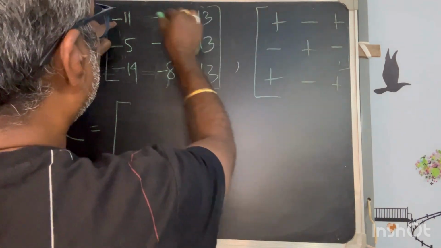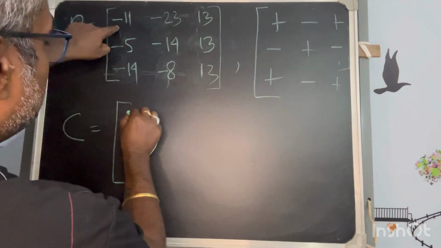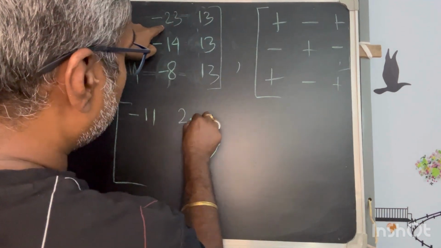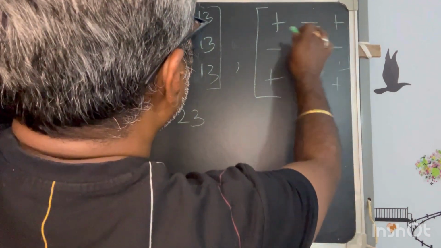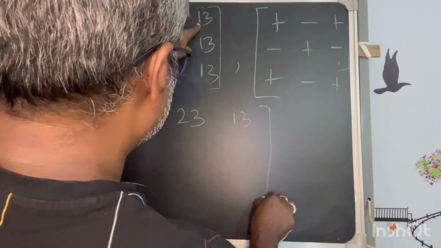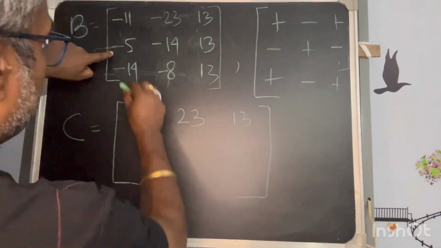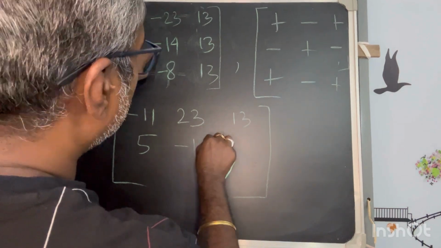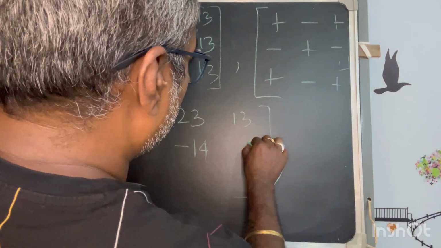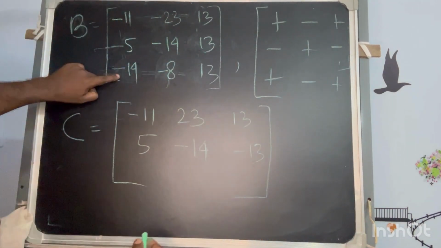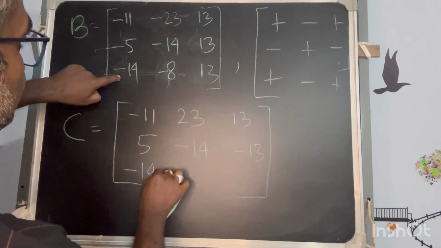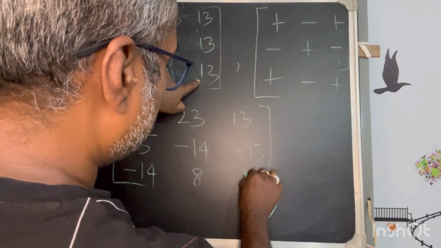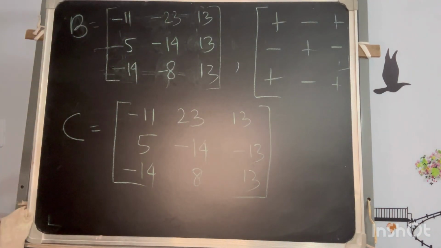Now this will multiply with this: plus into minus 11 remains minus 11, minus into 23 converts into plus 23, 13 will remain as 13, minus 5 with minus converts into plus 5, this will remain as minus 14, minus and plus remains minus 13, this minus minus will turn into plus 8, this will be 13. So this is another matrix.